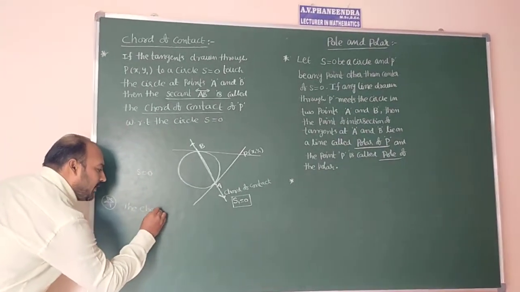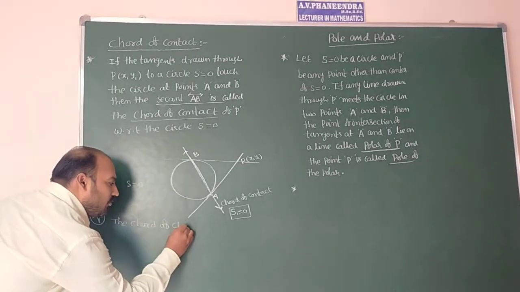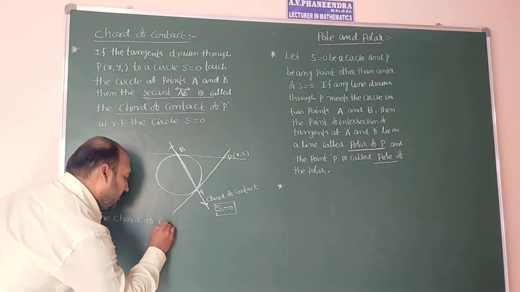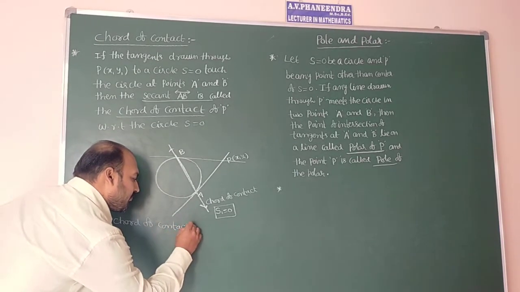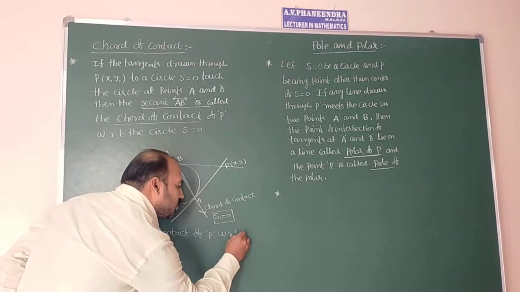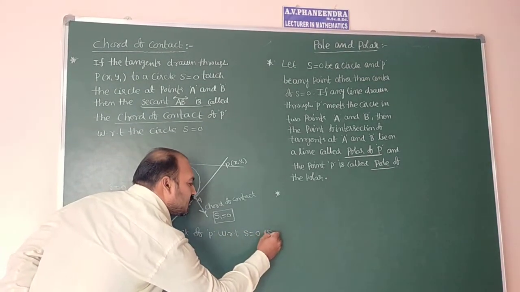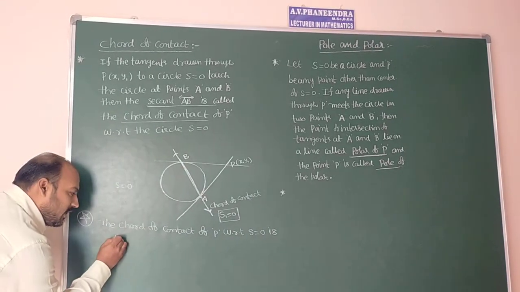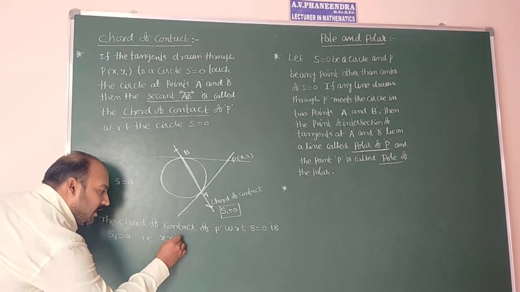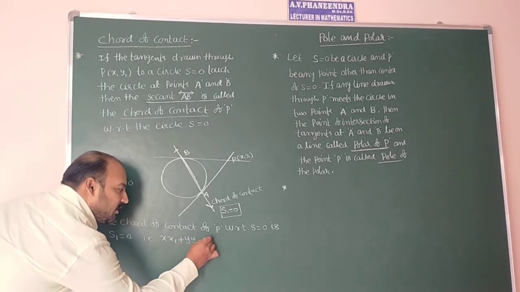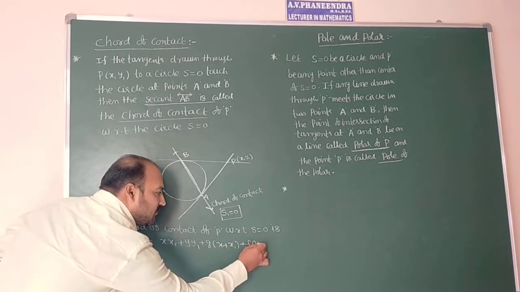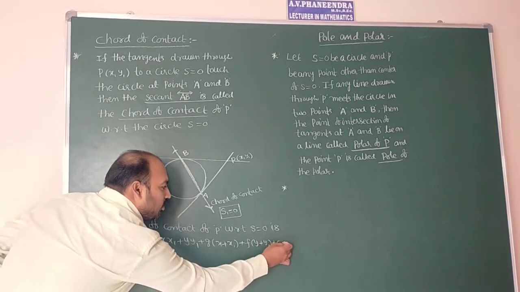The chord of contact of P with respect to S equal to 0 is S1 equal to 0, that is xx1 plus yy1 plus g into (x plus x1) plus f into (y plus y1) plus c equal to 0.